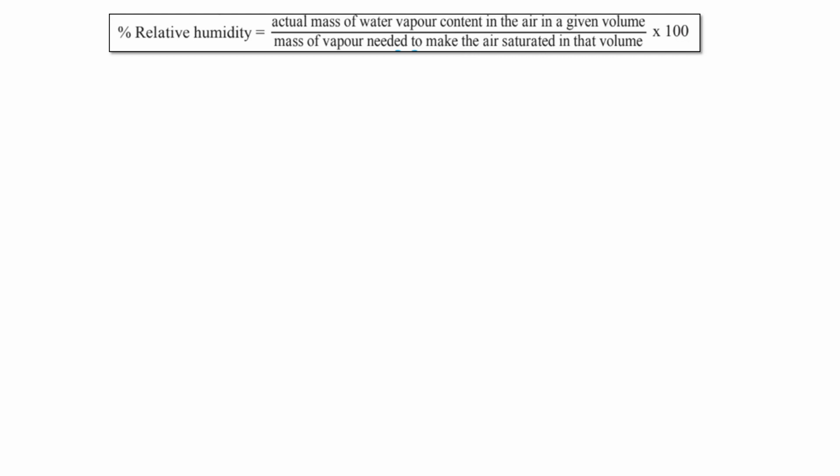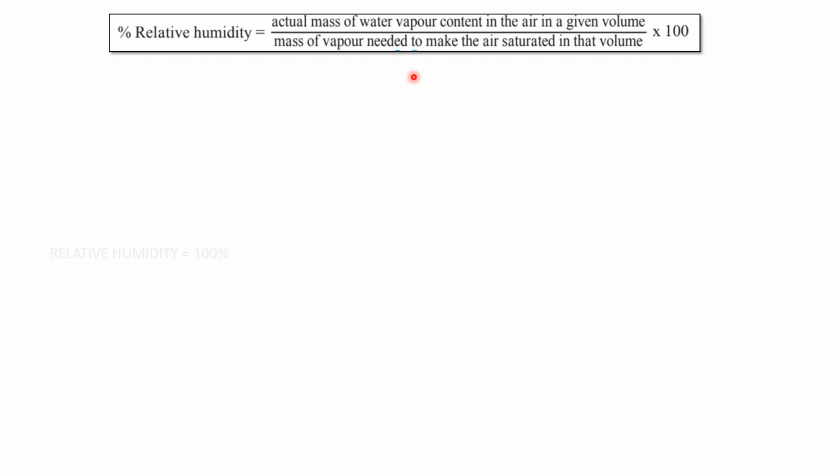Saturation here means that no more space is available in the air to accommodate any more water vapor particles. If the relative humidity calculated by this formula gives the answer 100%, that is, the actual mass of water vapor in the air and the mass needed to make the air saturated are the same, the answer comes to 100%.